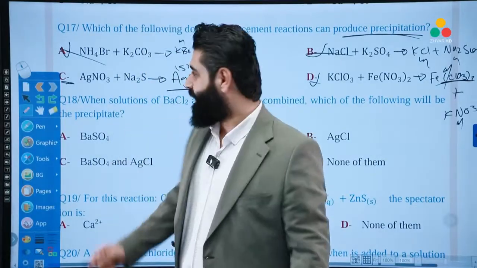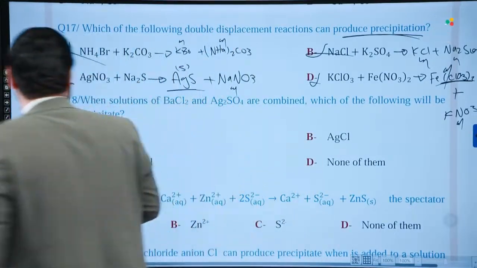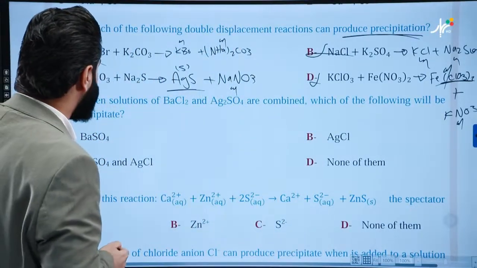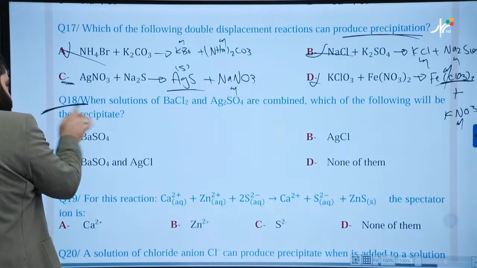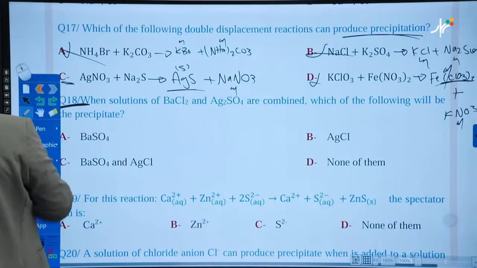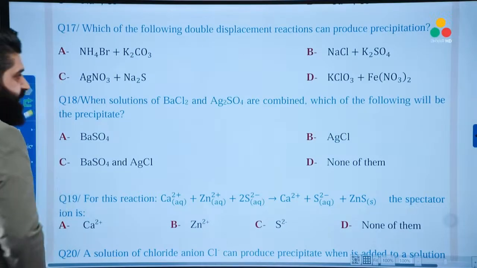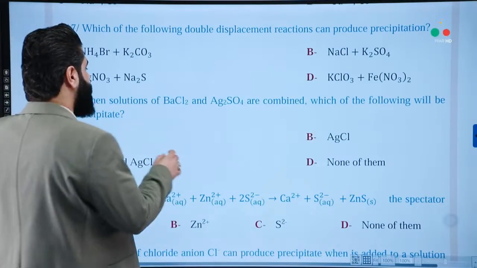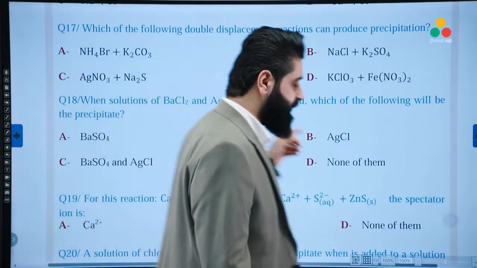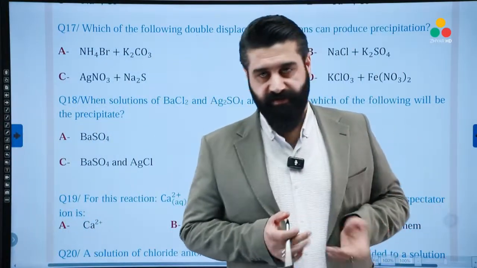Okay. Another question. When solutions of BaCl2, look, in a previous lesson I have explained this, but I will explain this from the first again because of its importance. Look, we have the two reactants of barium chloride and silver sulfate.